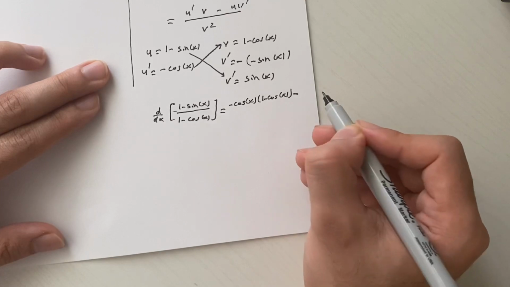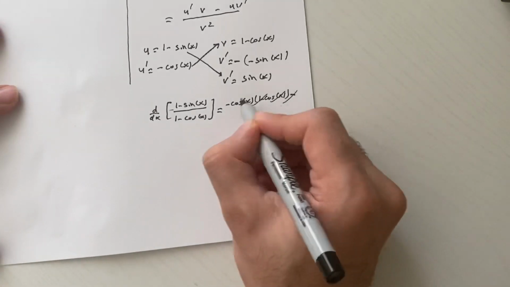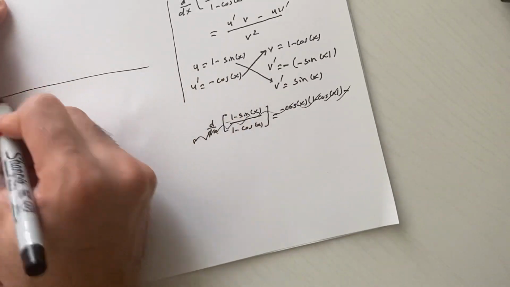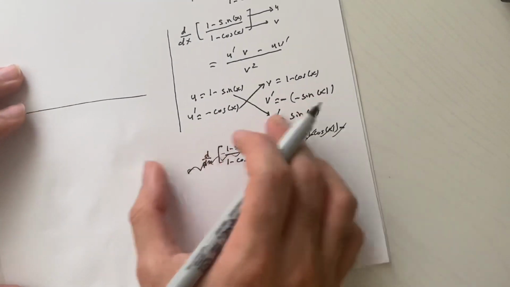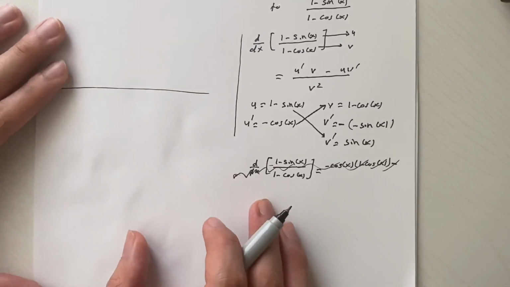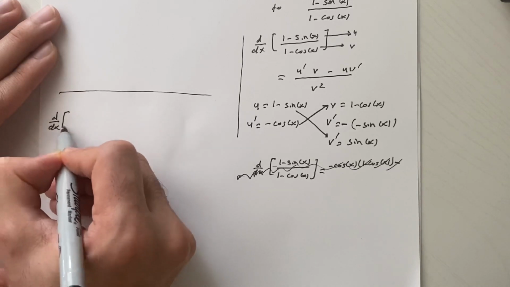I ran out of space here, so I'm going to remove this part and write it in a different place. So again, I'm going to take that part and write it here. I'm just applying the quotient rule.